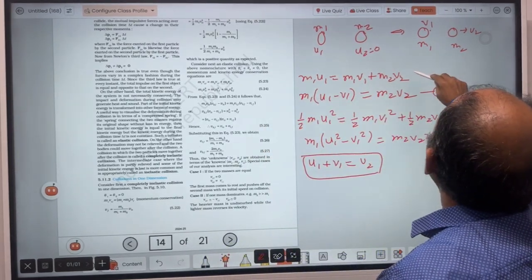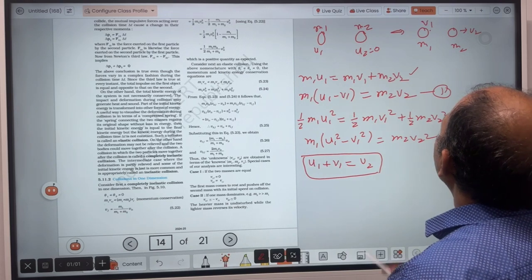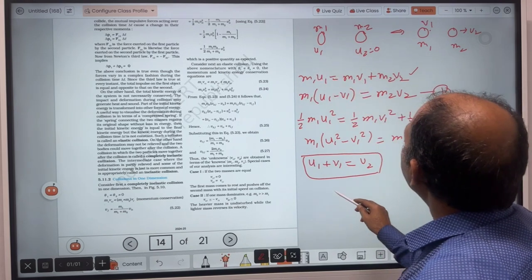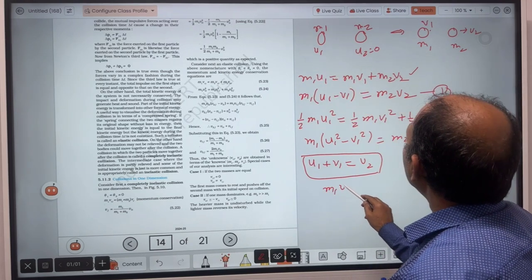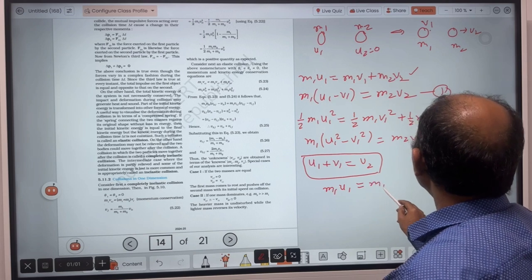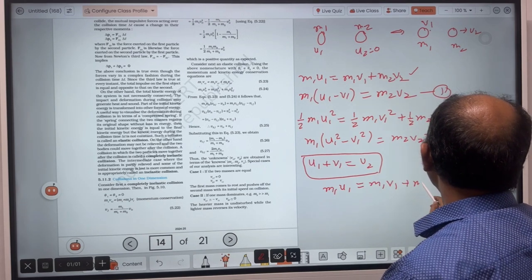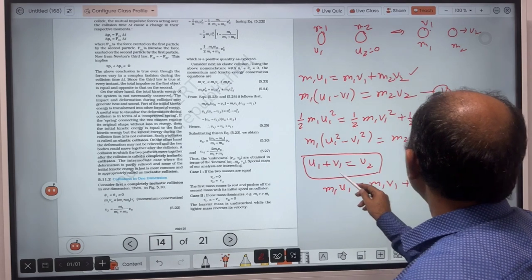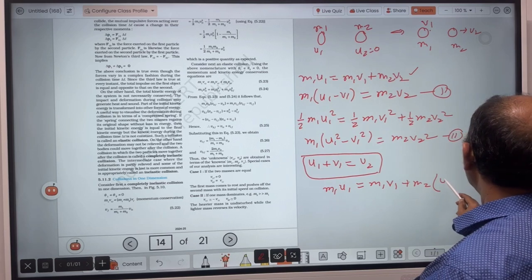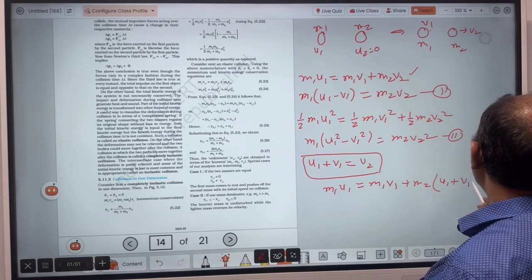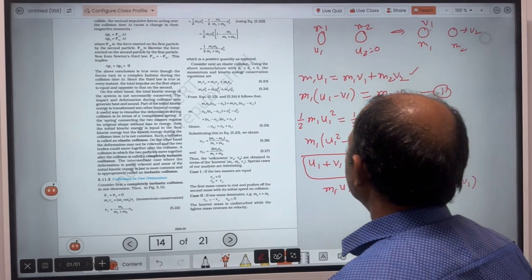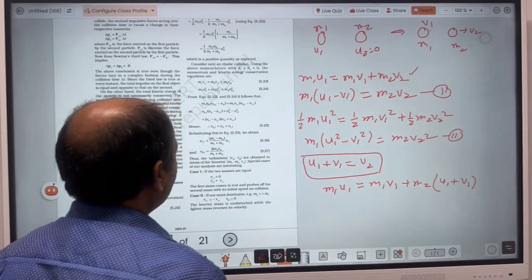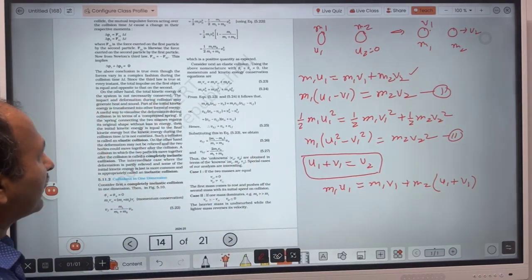Suppose we want to find out v1, so we can substitute this value in this equation. So we will get m1 u1 equal to m1 v1 plus m2 times, in place of v2 just write u1 plus v1. Let's simplify.